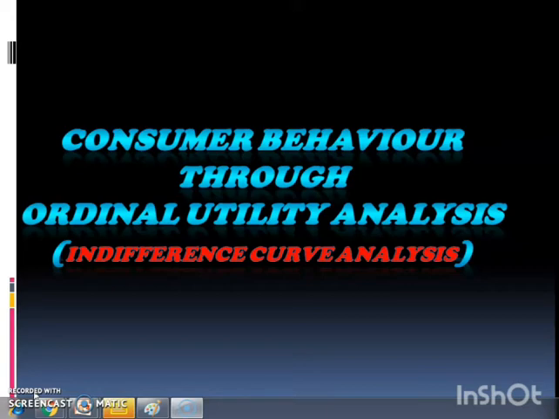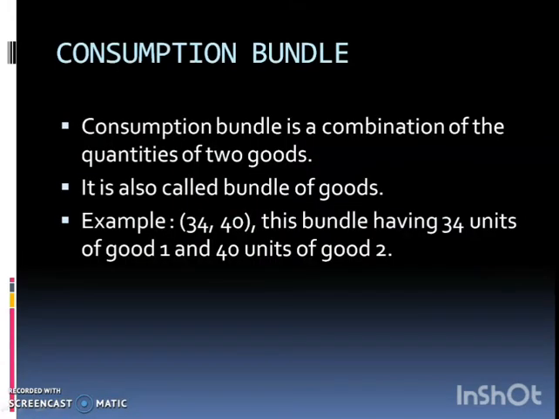Before that, you have to understand some basic terms in ordinal utility analysis. So let's have a discussion about those concepts. First we are going to understand consumption bundle. What is a consumption bundle? A consumption bundle is a combination of the quantities of two goods.